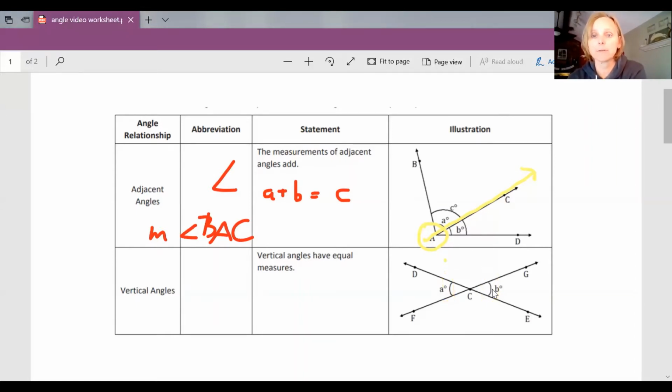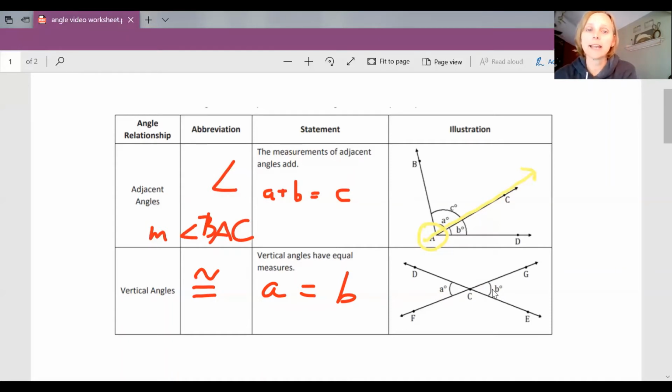I'm going to erase those for right now. Okay, so the statement we're able to write in this problem would simply be the measure of angle A equals B, because vertical angles are congruent. Now, the symbol for congruent, in case you may not have seen this, is a squiggly line with an equal sign underneath.